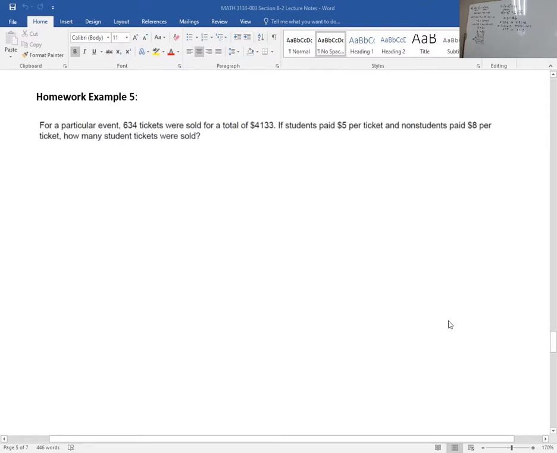Let's take a look at this example number 5. For a particular event, 634 tickets were sold for a total of $4,133. Let's say students paid $5 per ticket and non-students paid $8 per ticket. How many student tickets were sold?